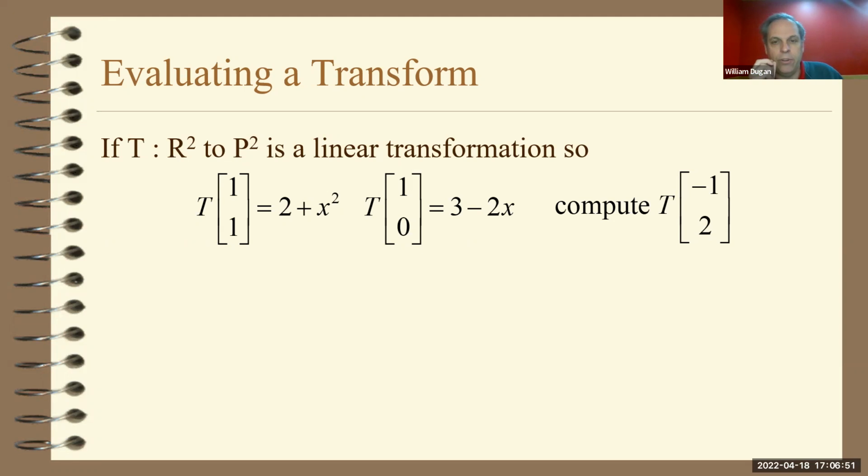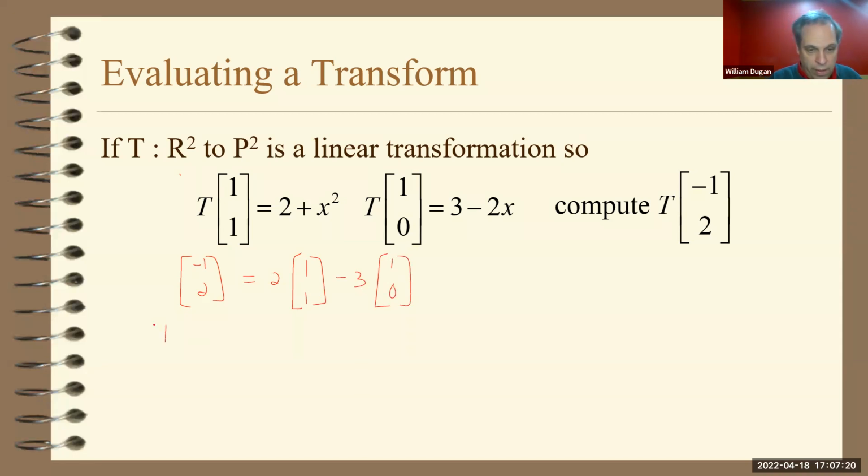Notice, though, that the vectors I gave you, (1, 1) and (1, 0), are actually a basis for R2. Every vector in R2 can be written as a linear combination of those two vectors. So the vector (-1, 2) is the same as 2 times (1, 1) minus 3 times (1, 0). Right? That's correct.